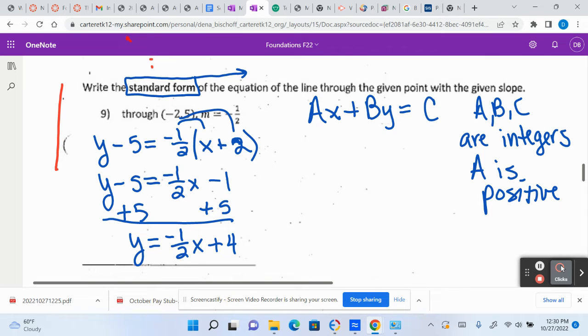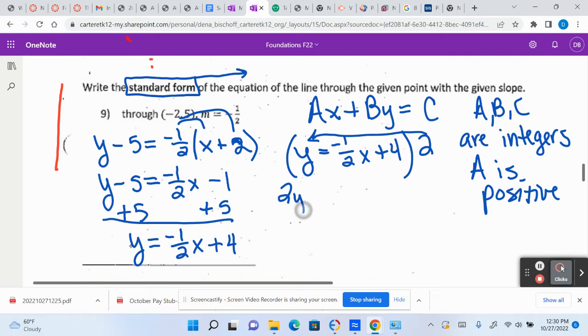So I'm going to multiply. I'm going to write this right over here. So y equals negative 1/2 x plus 4. And I'm going to multiply everything by the number 2. So 2 times y becomes 2y. Half of 2 is 1, and it's negative 1x. 2 times 4 is 8.